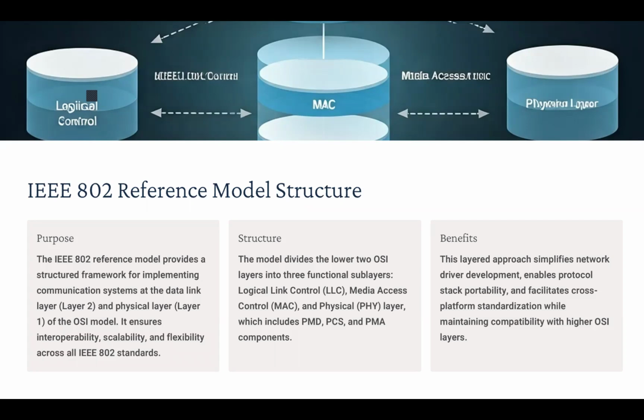This architecture provides cross-platform standardization, which makes it easier to deploy and manage diverse networks. And the model makes sure that a change or upgrade in one layer does not require a major change in the higher layer, which supports long-term technology evolution.